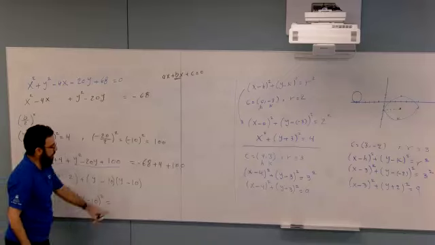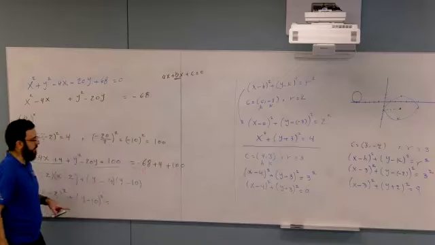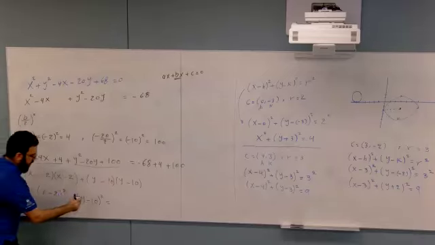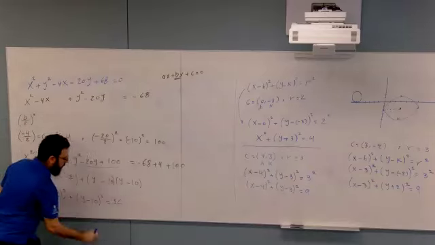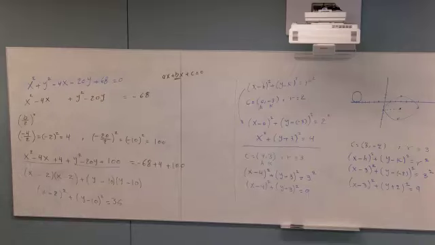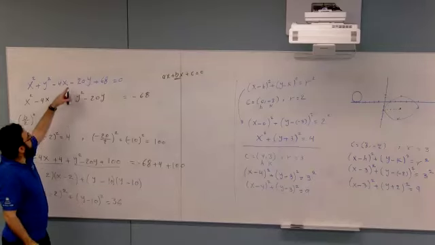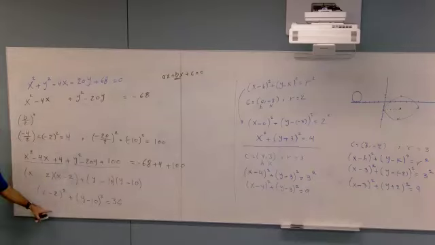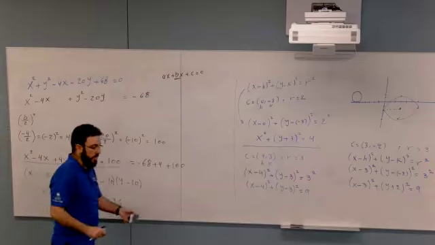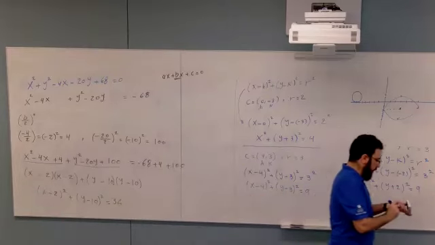Equal to what? How much is going to be the result from here? Is that the standard form? So completing the square is the key to converting from general form to standard form. Is that okay? Easier now?